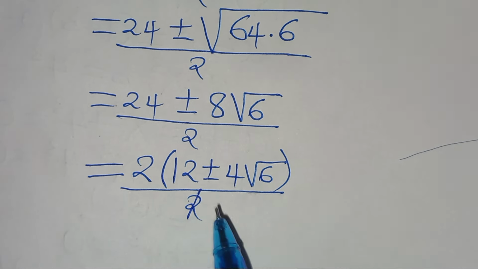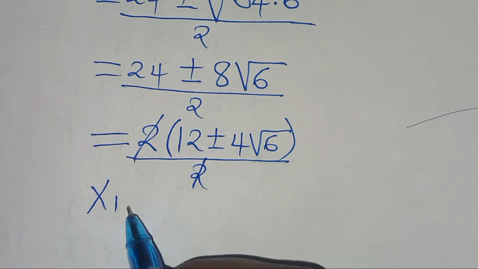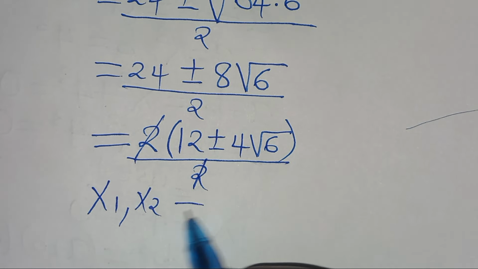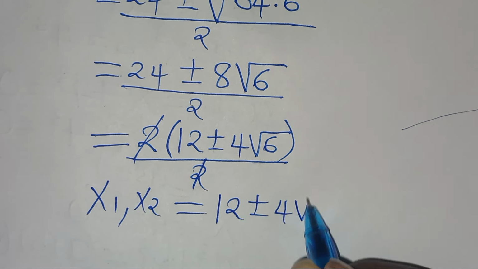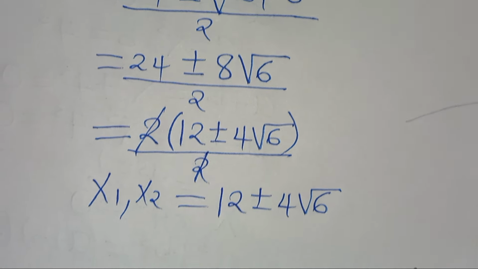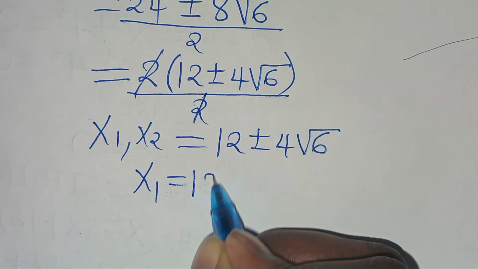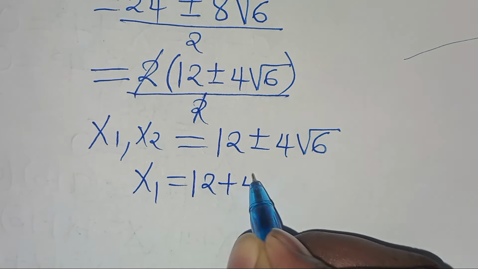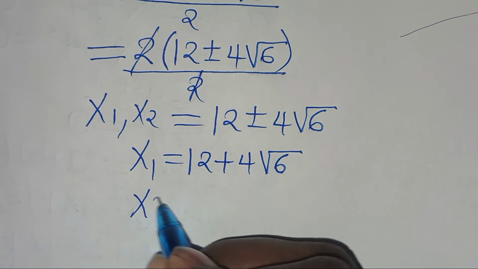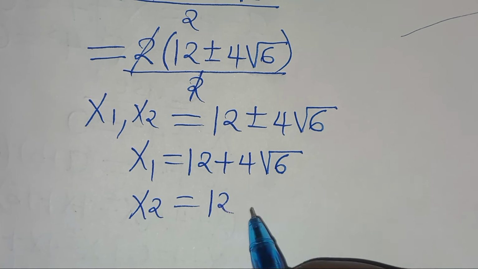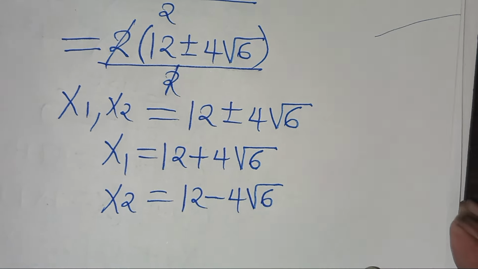So let's simplify 2 and 2, so that now we have x1, x2 equal to 12 plus or minus 4 square root of 6. And this implies that x1 is equal to 12 plus 4 square root of 6, and x2 is equal to 12 minus 4 square root of 6.